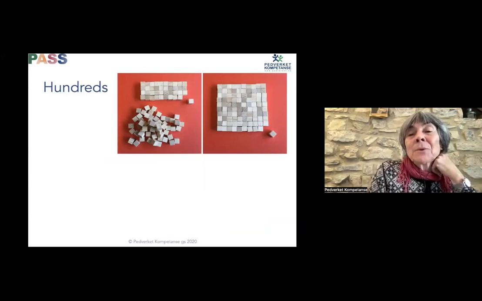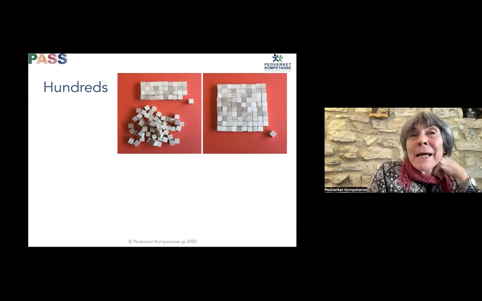And we also can make hundreds. And if we make them from the small centimeter cubes, we need a lot.